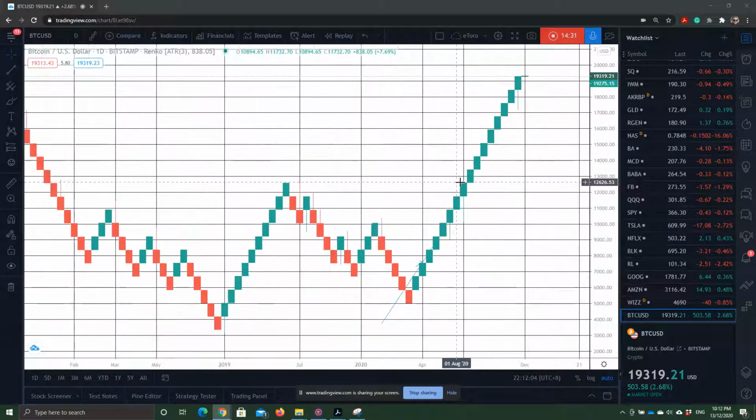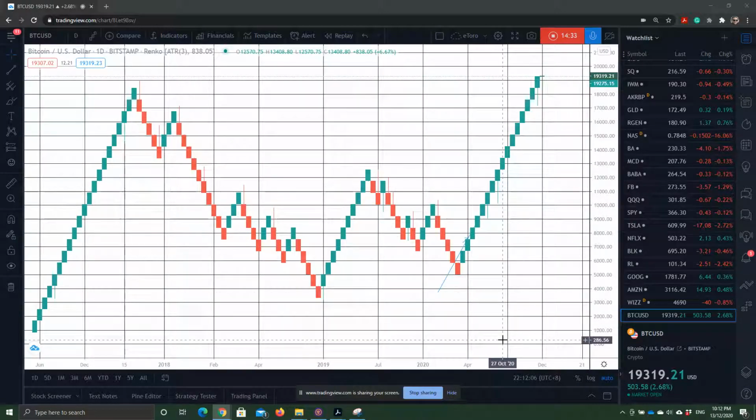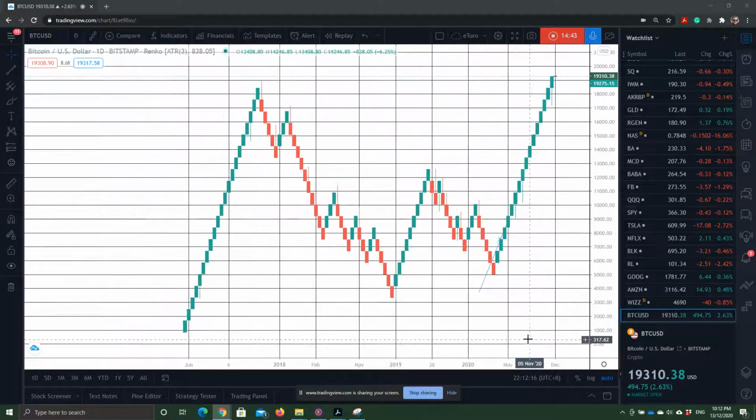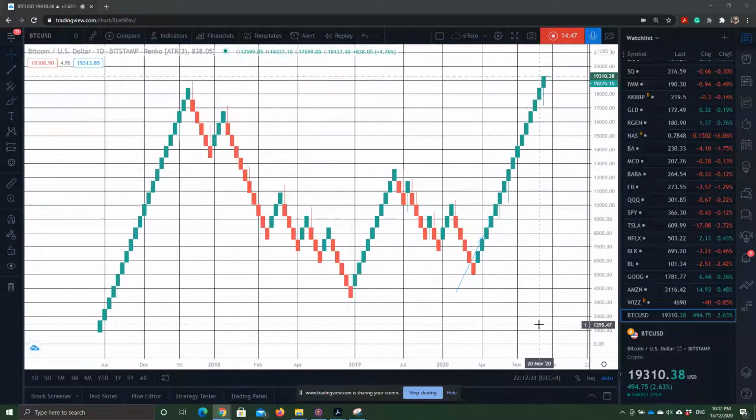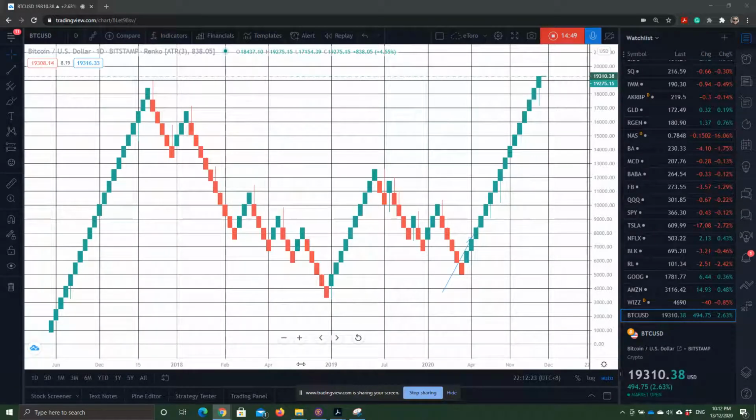As you can see, the time factor of this chart is not something that we can scale. We have the timetable, but it's not really similar to the other timetables.